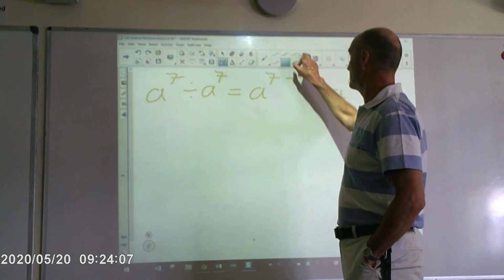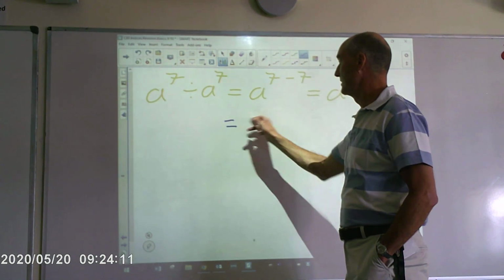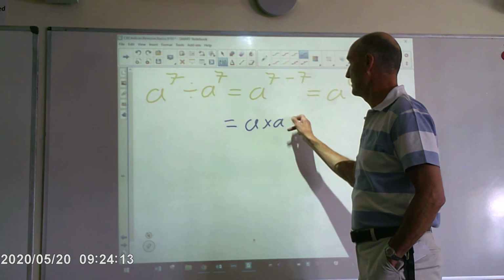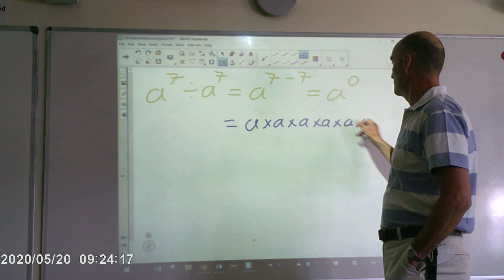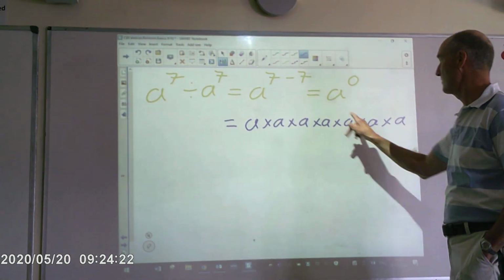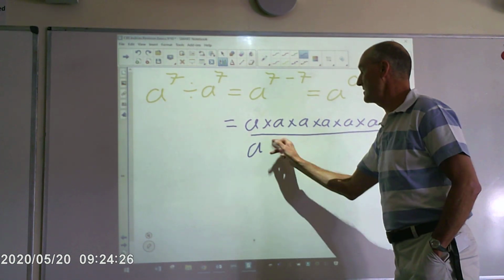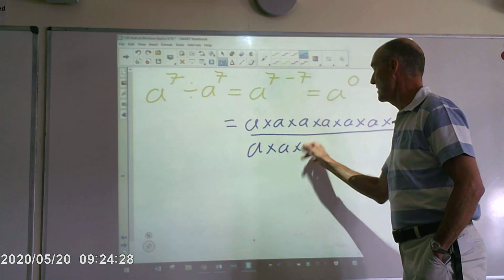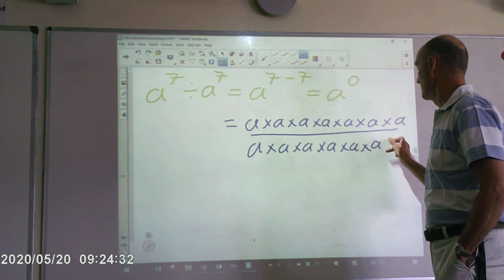But we could look at that a different way. A to the power of 7 divided by a to the power of 7. A times a times a times a times a times a times a. Just make sure that's 7. 1, 2, 3, 4, 5, 6, 7. All divided by a times a times a times a times a times a times a.